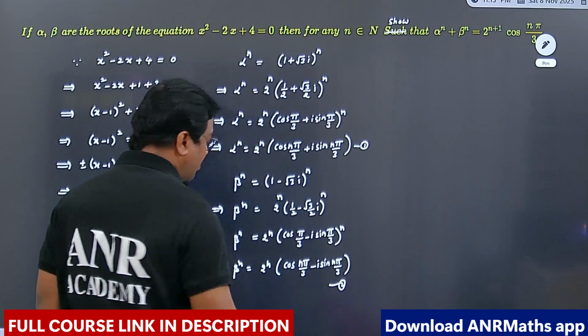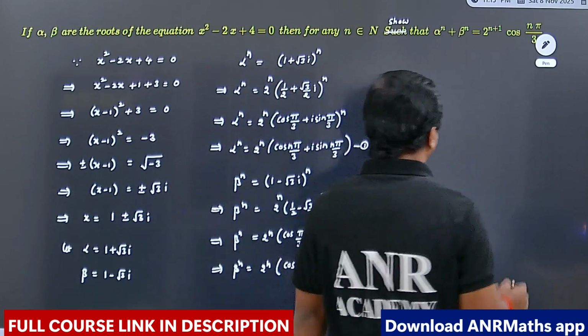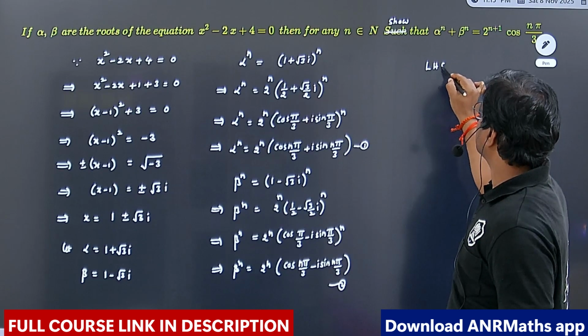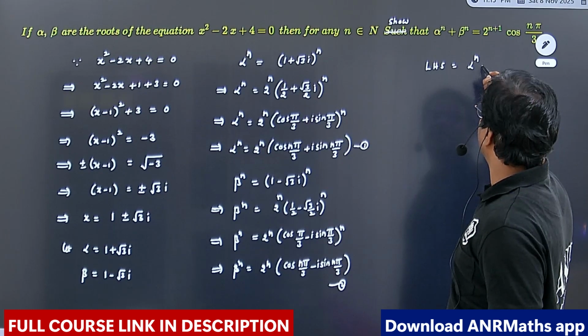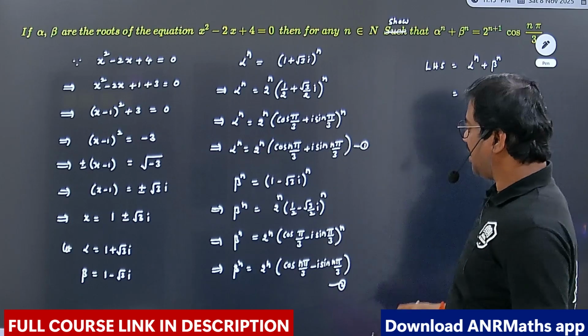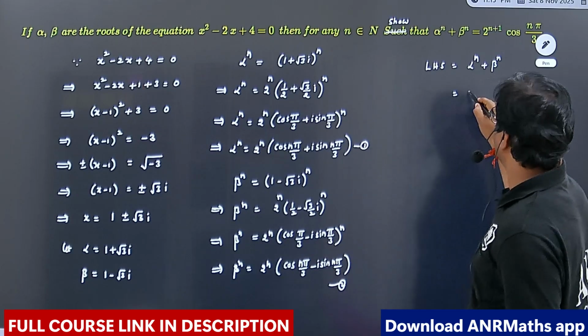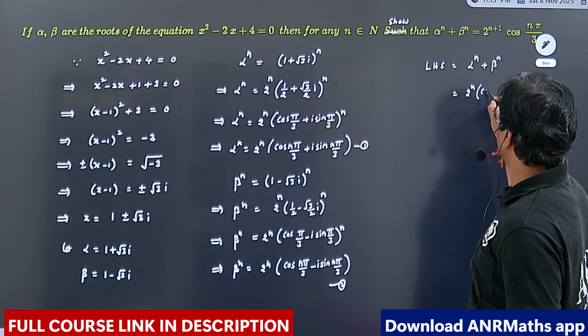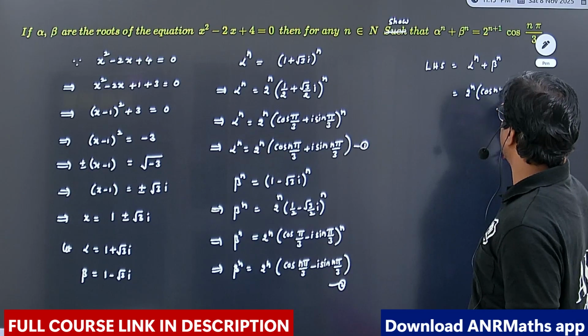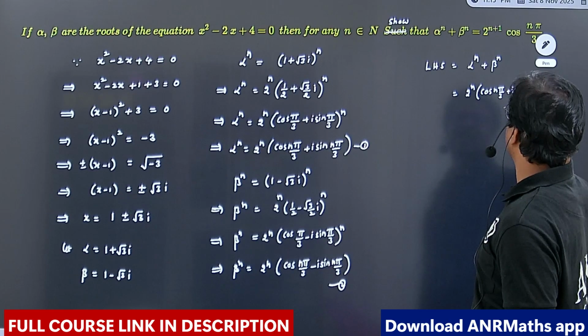This is result 2. Now what is LHS? Observe, you have LHS part alpha power n plus beta power n. Alpha power n is 2 power n, that is cos n pi by 3 plus i sin n pi by 3.